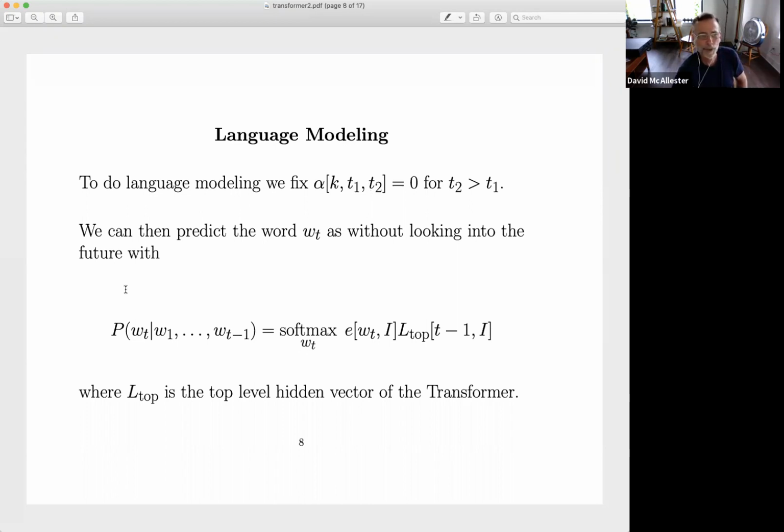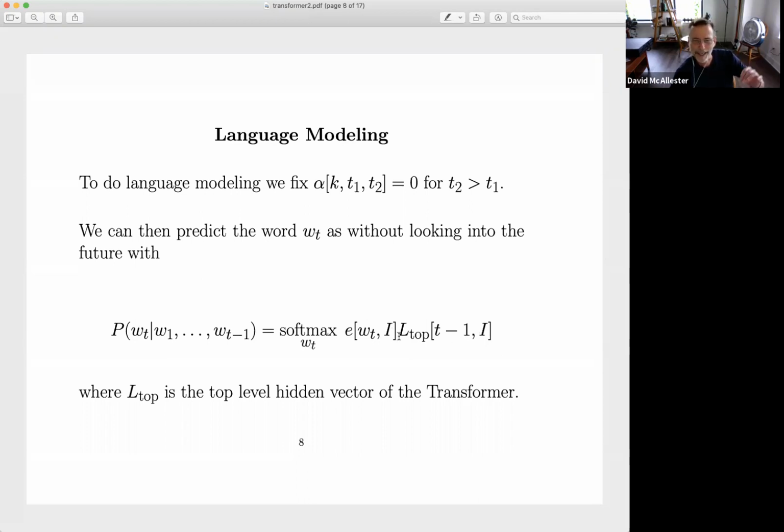And then when you compute the probability of a word given previous words, the way you compute a probability distribution over the next word in an autoregressive model is to do a softmax over the possible next words of the embedding of that possible next word, inner product with a vector at that position. We'll just take the top vector of the transformer to be the vector at that position.